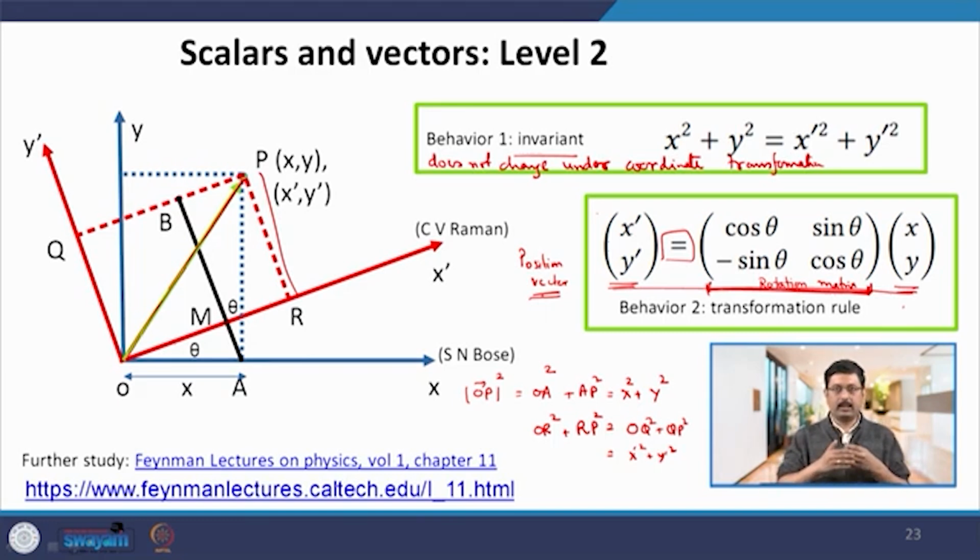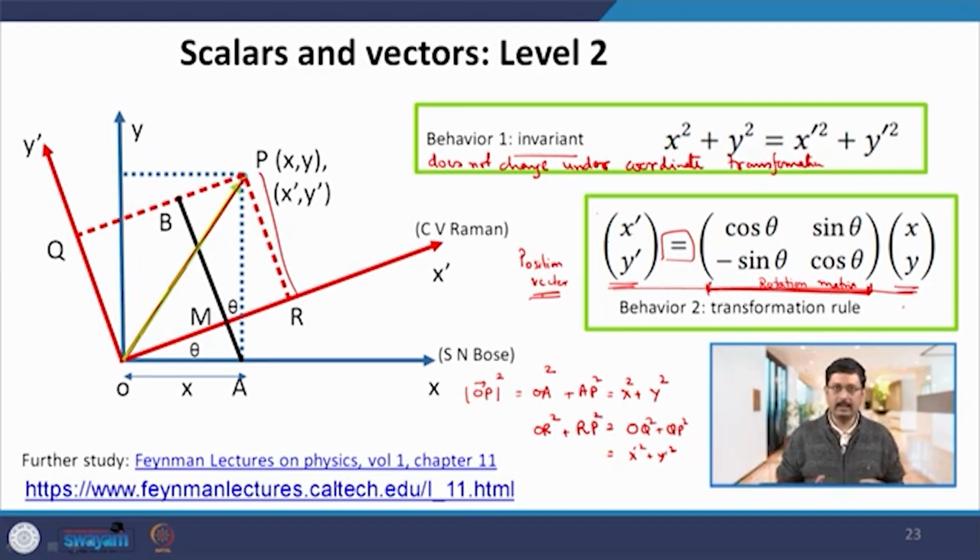But instead of that, I am going to assume that laws of physics remain the same under coordinate transformation, and then I will use this as a definition, a way to classify these two kinds of behavior.